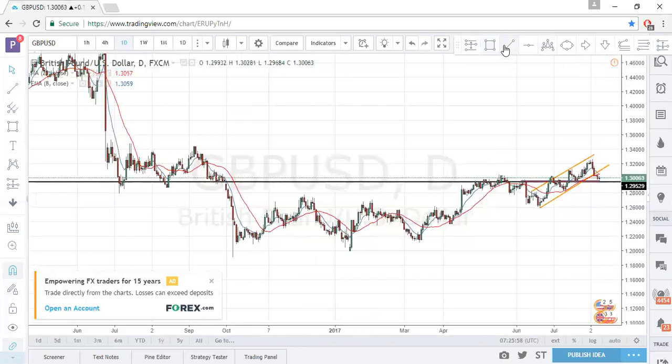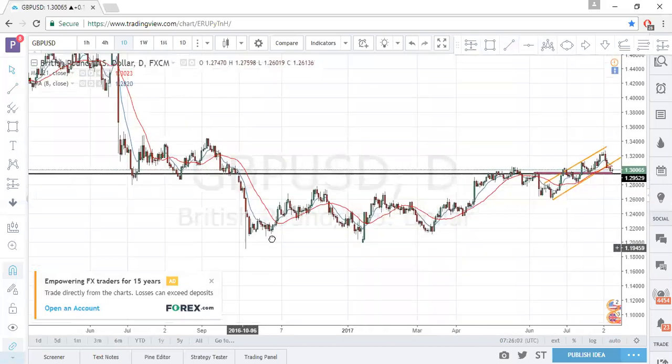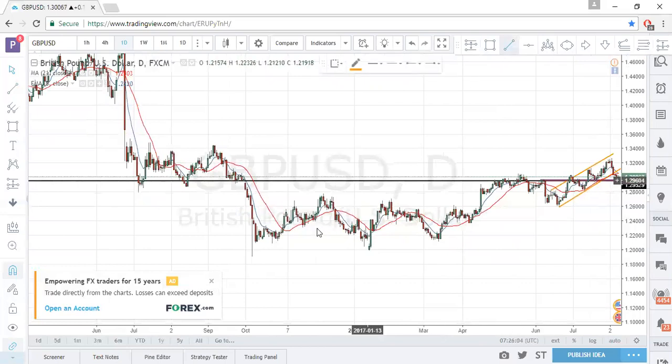So what I do is I take my trend line tool, this is my trend line 2, and draw from the lowest here, making sure at least 2 wicks are touching.